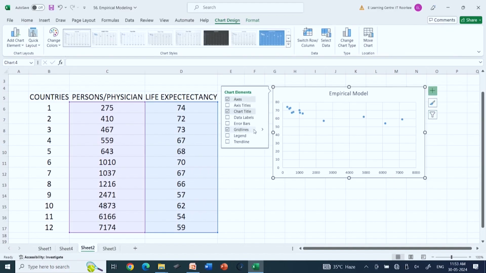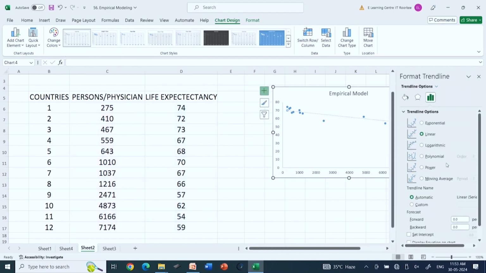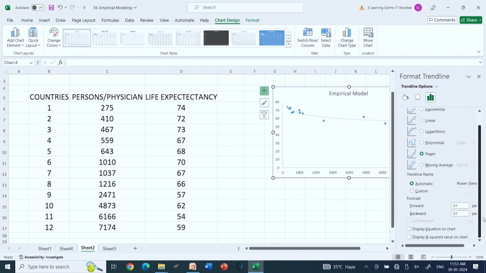Go to this, I remove the grid lines, I go to this trend line and I will choose power. So I go to more options and here is the power. The moment I click this, you can see that there is a change here and I want the equation.